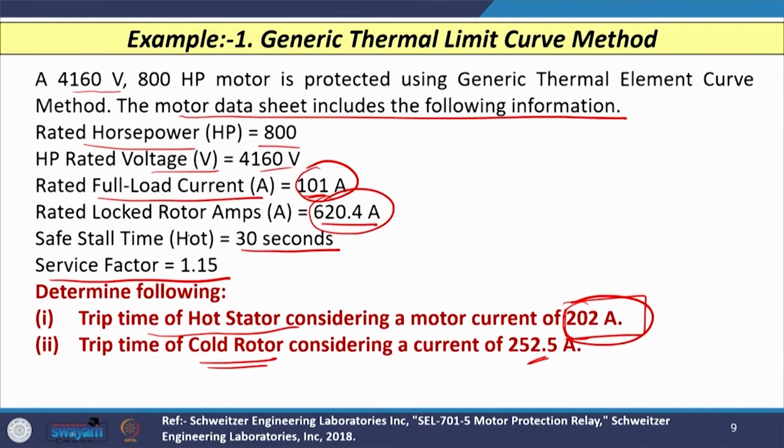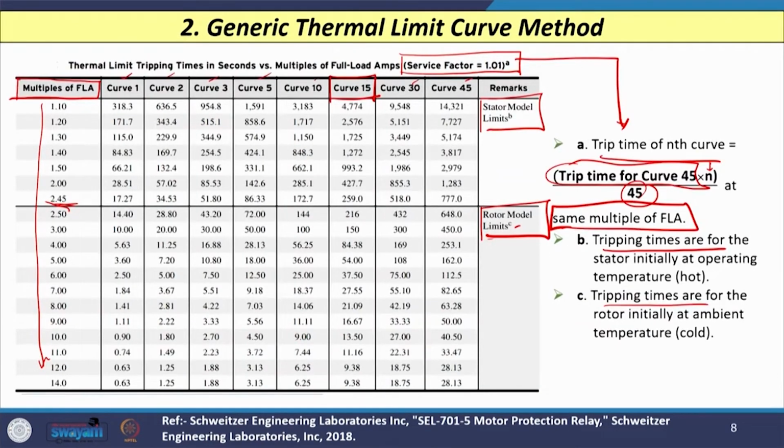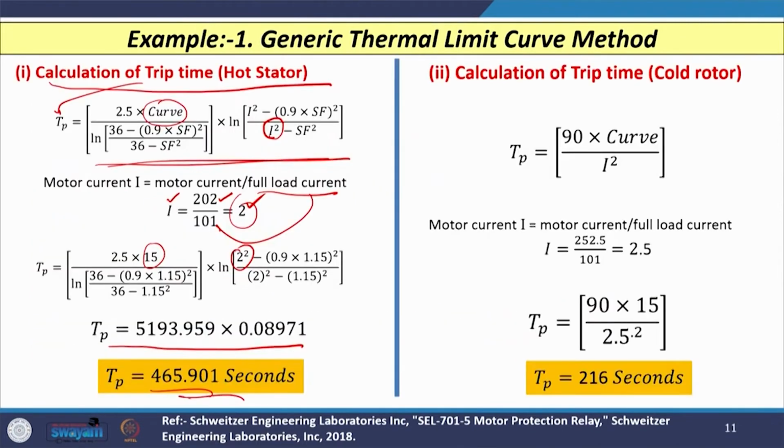So, when we consider the value 2 for curve number 15, the value comes out to be close to 427, and here whatever we have calculated comes out to be 465 seconds, which is very close to the value given in the table.